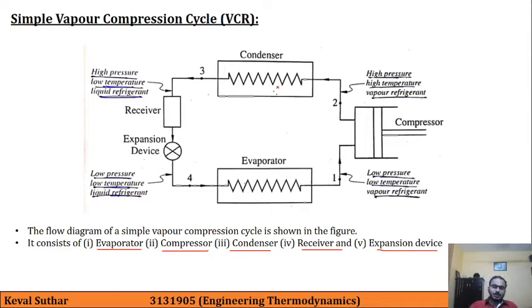And if you recall our simple Rankine cycle, it was like this, and here the pumping was there, then heat addition, then expansion, and then condensation. So it was working in the clockwise direction.